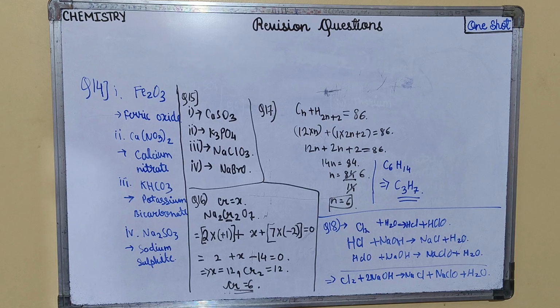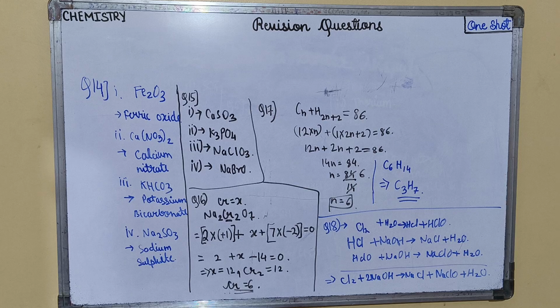The last question is explain the modern periodic table in detail. So the answer is periodic table explanation. This classification was given by Moseley. There are 16 groups under the headings 1A to 7A, 0, 1B to 7B and 8.